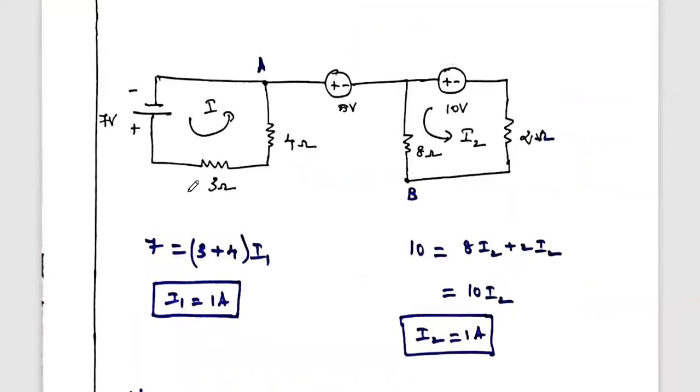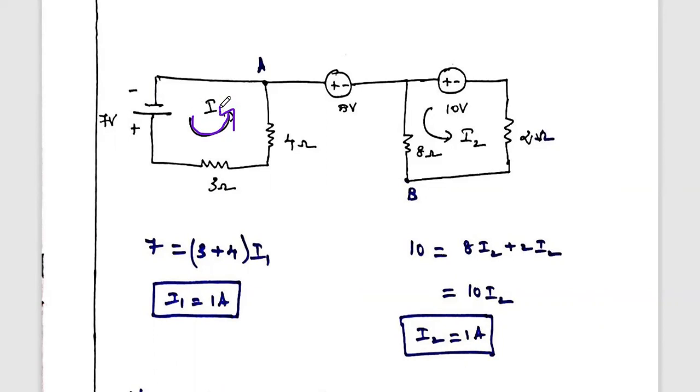You see the same diagram only. Here, this is one loop. The current flowing through this loop, you just consider as I1. Similarly, this is also a closed loop, and the current flowing through this loop you consider as I2. First we have to find this current I1 and I2.